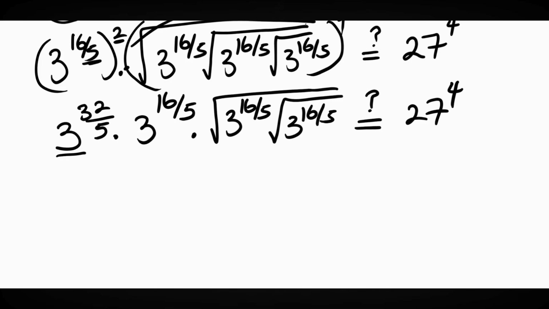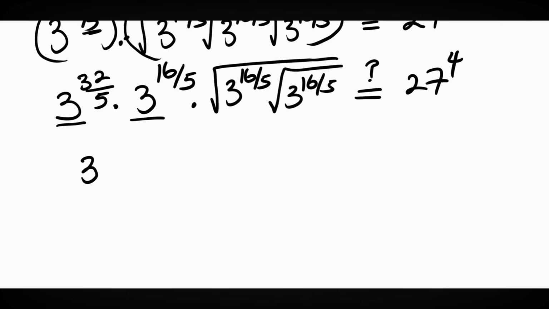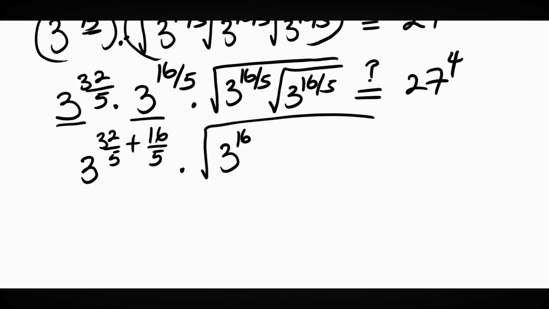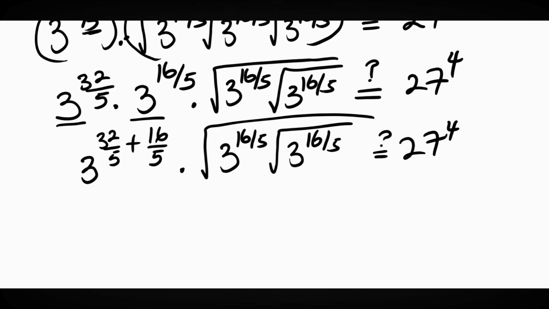Now, we have the same base, so let us add the exponents. So now we have 3 raised to the power 32 divided by 5 plus 16 divided by 5, times the square root of 3 raised to the power 16 over 5, equals 27 raised to the power 4.